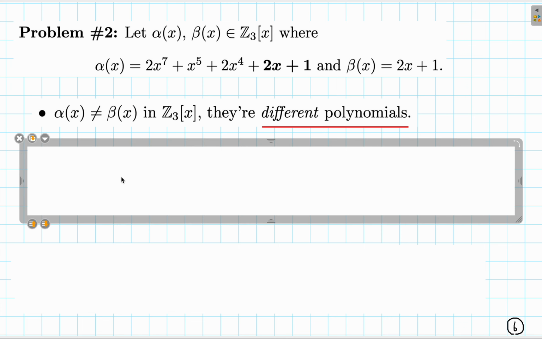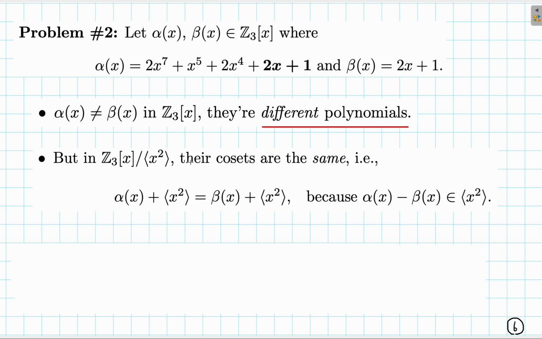However, in the quotient ring, their cosets are the same. In other words, the coset alpha of x plus ⟨x²⟩ is equal to beta of x plus ⟨x²⟩ because the difference of the coset representatives, alpha of x minus beta of x, which is equal to this highlighted portion right there, is a multiple of x², and hence it's contained in ⟨x²⟩.